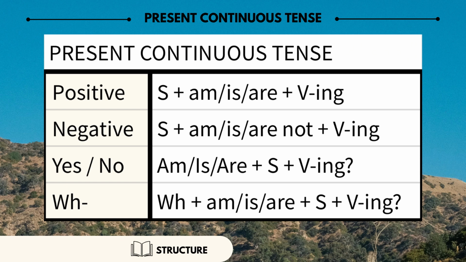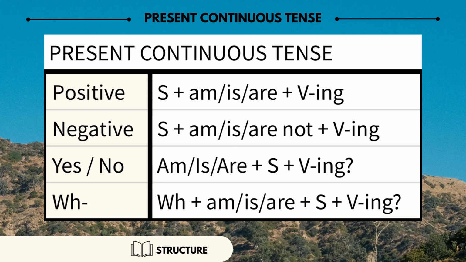1. Positive sentences. When we make a positive sentence, we are simply saying something is happening right now or around now. So we take the subject, then we add am, is, or are, and then we add the main verb with ing. For example, if I say, I am studying, I'm telling you that this action is happening right now.